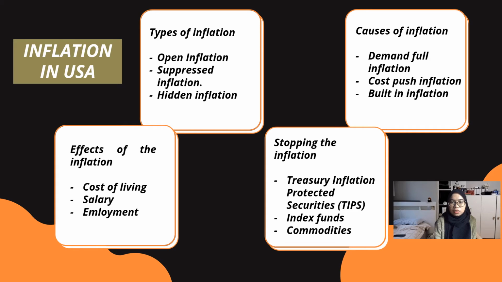Next is cost-push inflation. Inflation pressure can also be caused by supply. If aggregate demand remains constant but aggregate supply reduces owing to exogenous factors, the price level rises.